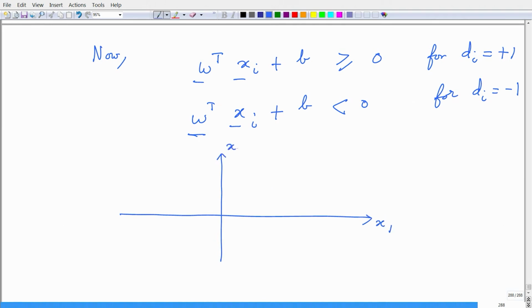So, if you imagine this x1 x2 plane, let us just imagine this in 2 dimensions. So, we have all these points indicated by these crosses, and we have some set of points that are indicated by these circles.